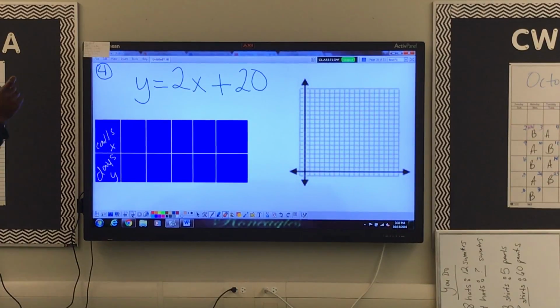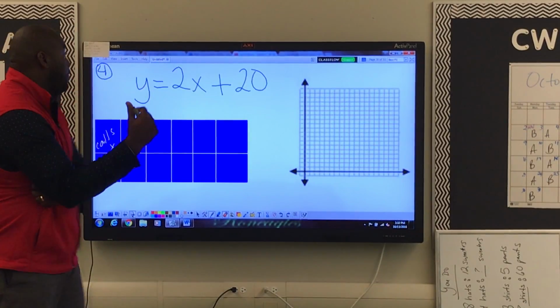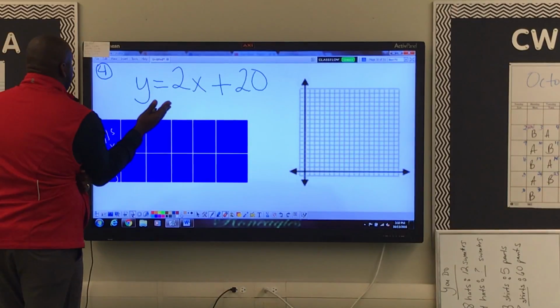This time, we're going to solve the equations, and we're going to graph it. So y equals 2x plus 20.